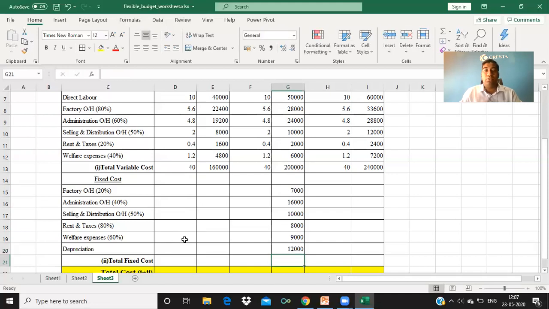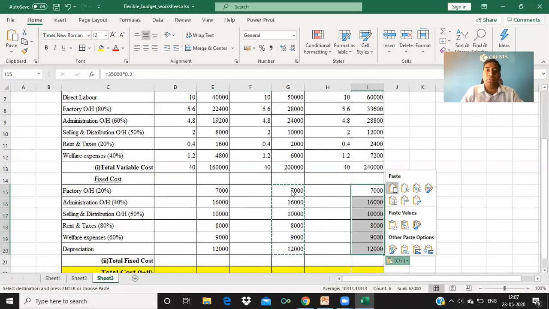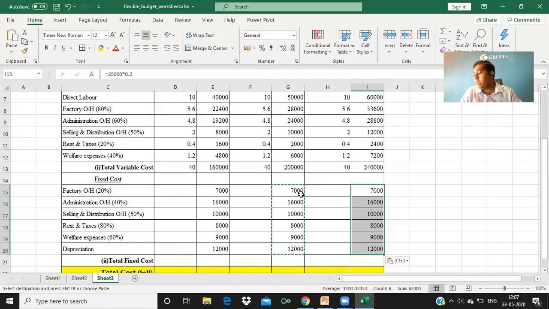Now, as per the rule we discussed, while calculating the fixed cost, the total cost will remain the same irrespective of the change in the production units. So for 4,000 units, 5,000 units, and 6,000 units, the total cost will remain the same.